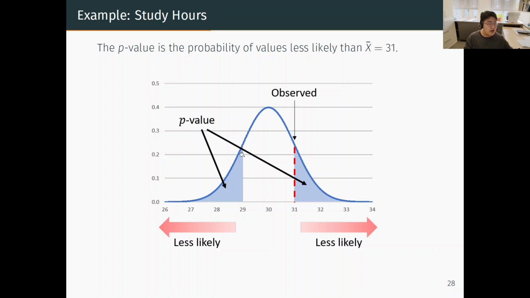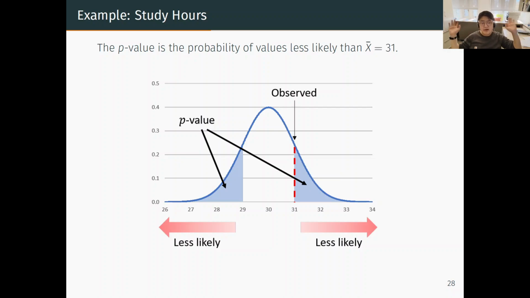So I will count those outcomes as more suspicious than 31, more different from my hypothesis than what you observe, 31. Okay, so when you calculate the ranking, as I said, the outside outcomes are most suspicious, but there are two directions. You have to treat them equally.